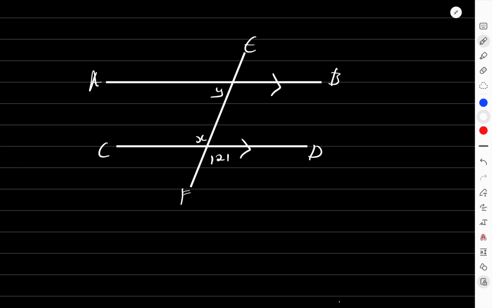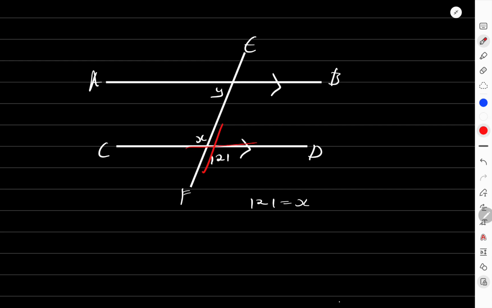Now, for me to find the value of X, can we see a cross shape, an X shape that is being formed? The angle that is found here and the angle that is found here, they are the same. Reason is going to be vertically opposite angles. And the angle found over there and the angle found over there, opposite to each other, those two angles are the same. So 121 degrees is the same as X, because these two are vertically opposite to each other.